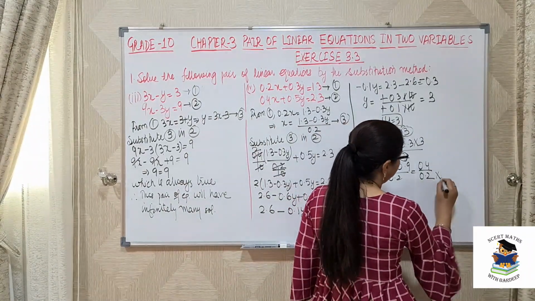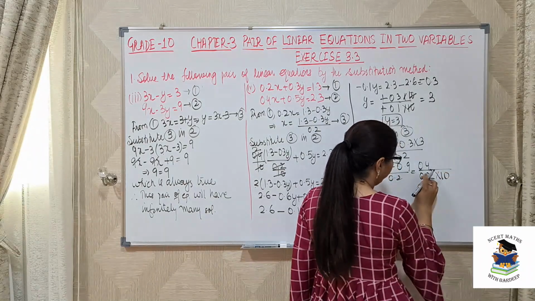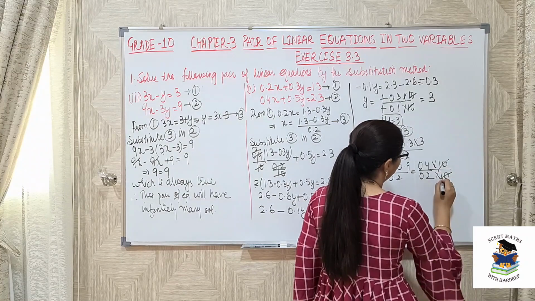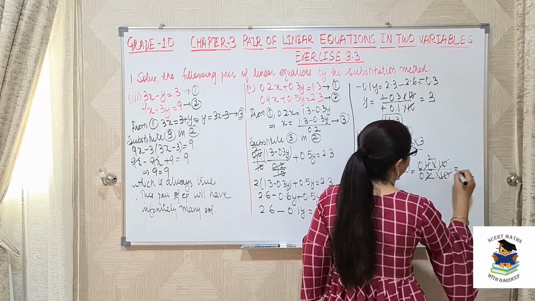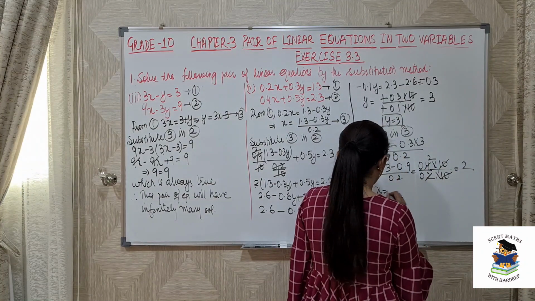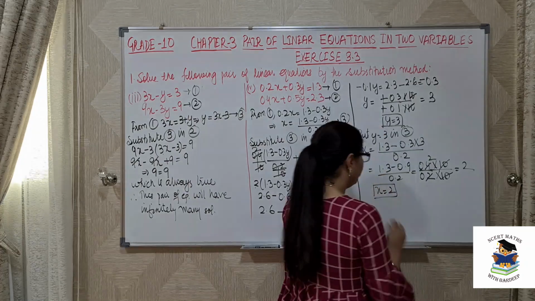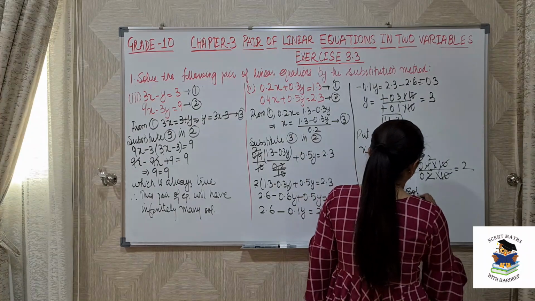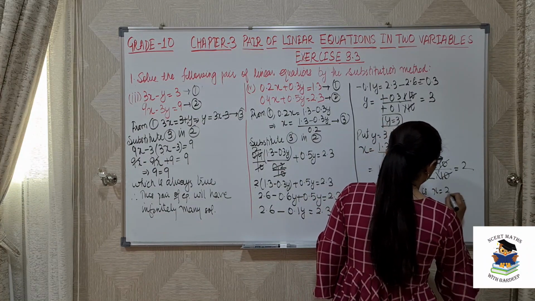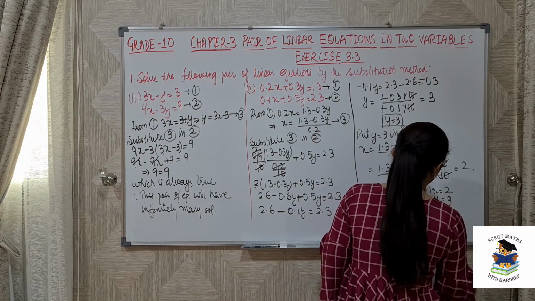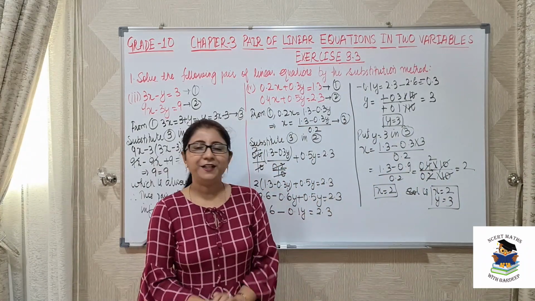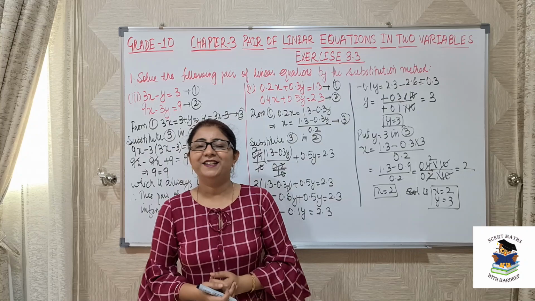So this 10 will come on this side for 0.4, and if I remove this, it will go in the numerator. So both will be cancelled, and the answer is x equals 2. So in the last we will mention the solution is x equals 2 and y equals 3. I hope this part is also clear. Now let's see the next part.